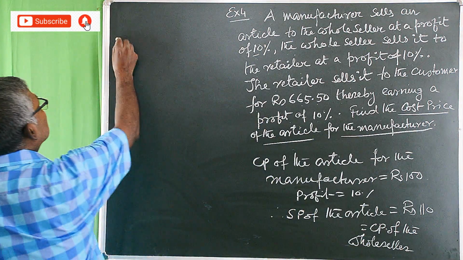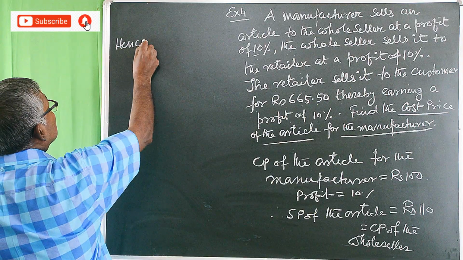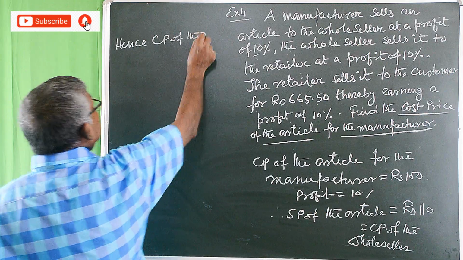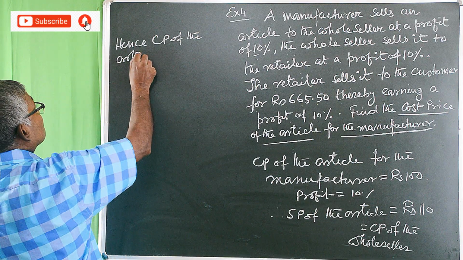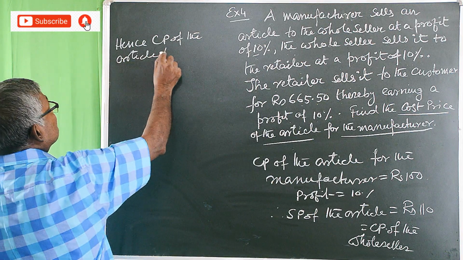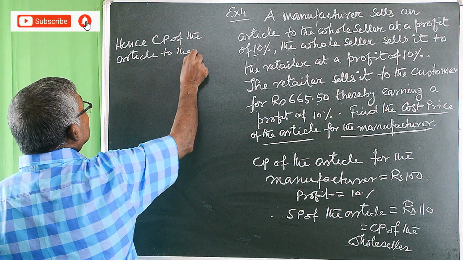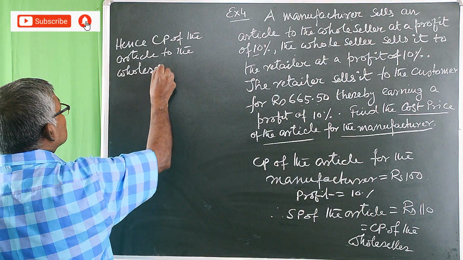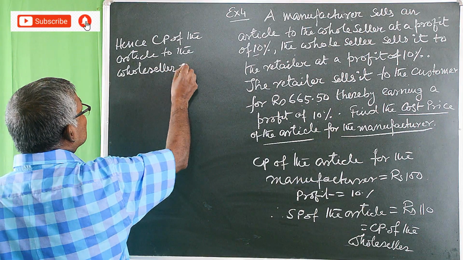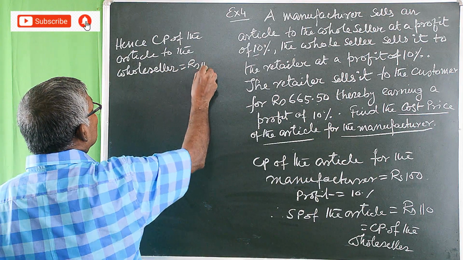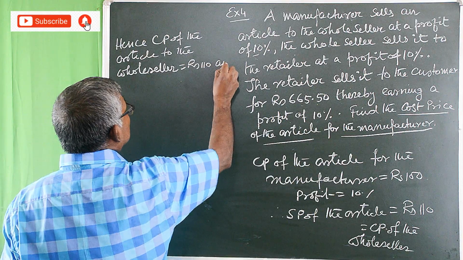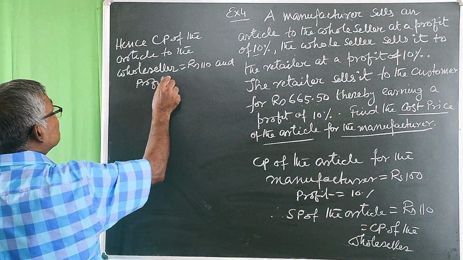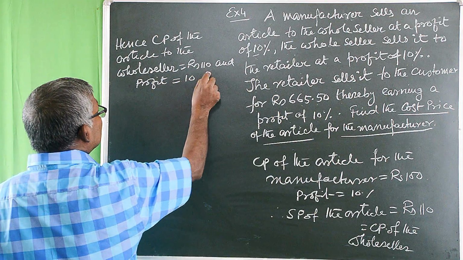Hence, the CP of the article to the wholesaler equals rupees 110 and profit equals 10%.